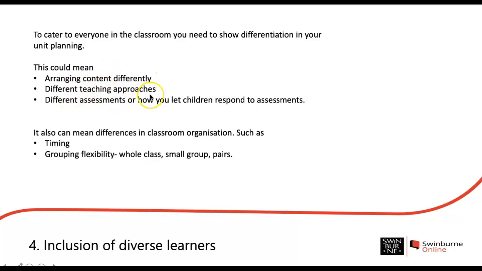Now, different teaching approaches. If I have a group of struggling students, what teaching approaches would lend themselves better to that particular group? Maybe those particular students don't have the attention span or the concentration or the skill to do independent writing for 30 minutes. You can't expect a child who can't string a sentence together to write for 30 minutes.